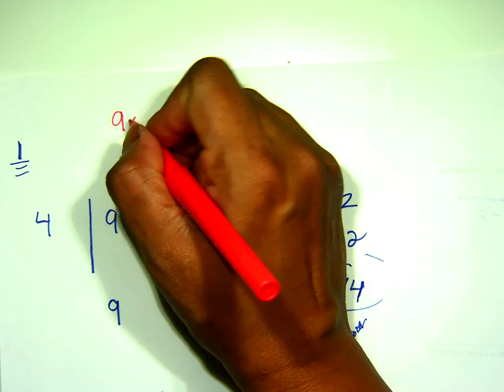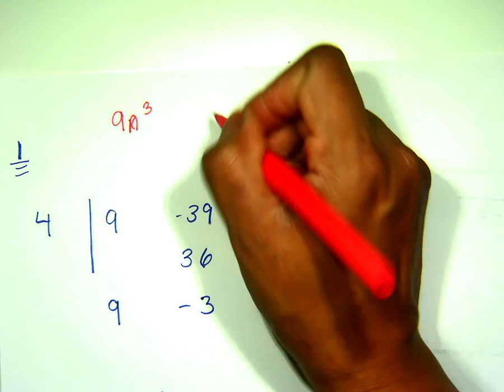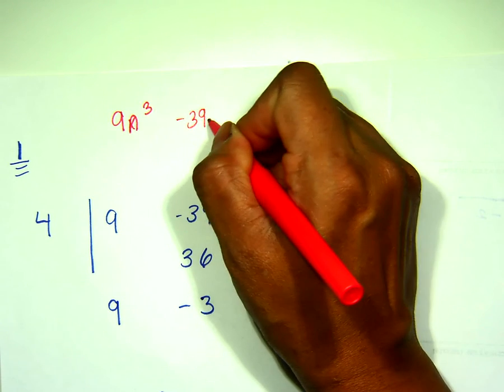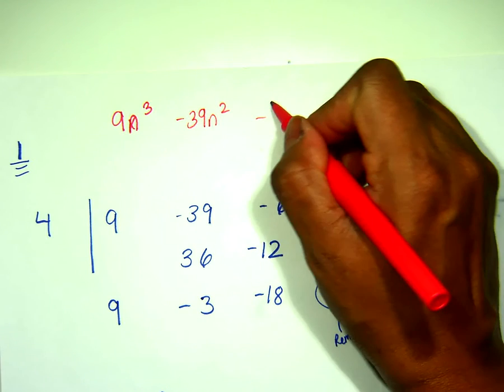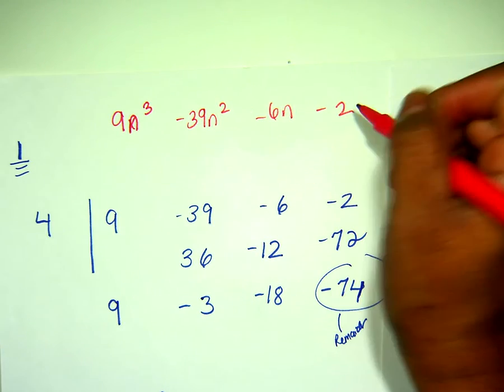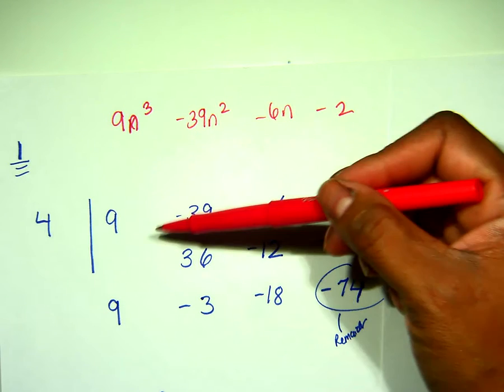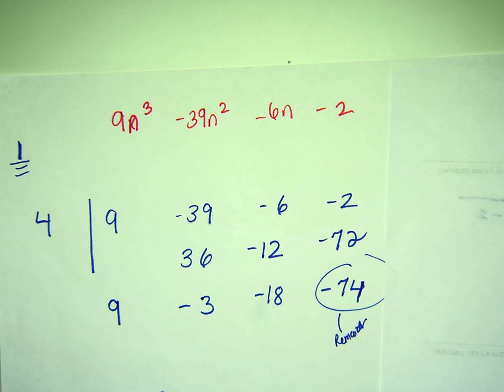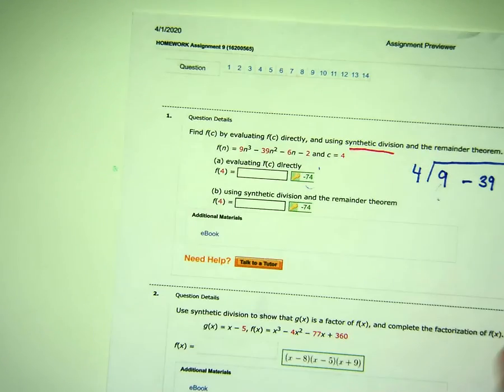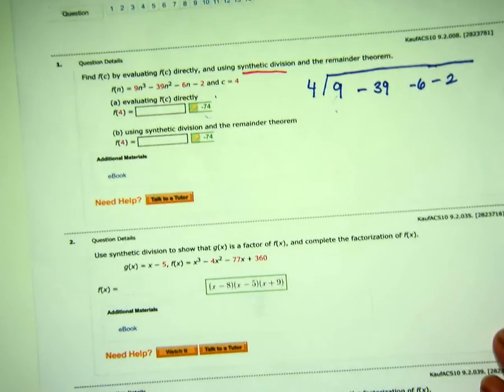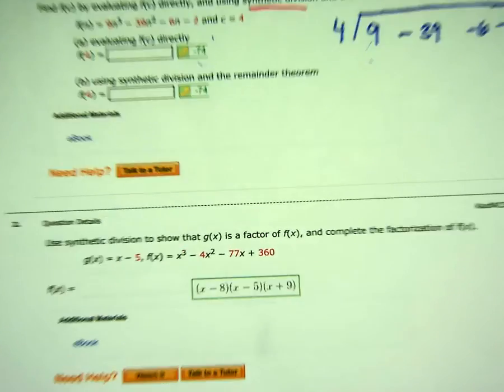It was 9n cubed minus 39n squared minus 6n minus 2. I'm just rewriting the initial equation so you can see where those come from. There's more dealing with synthetic division. Again, I'm trying to zoom in and out so you can see everything, so thank you for your patience.